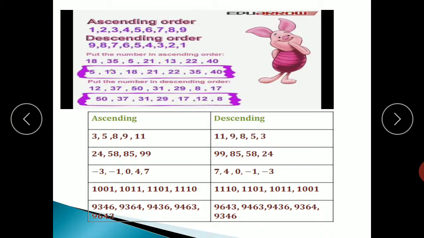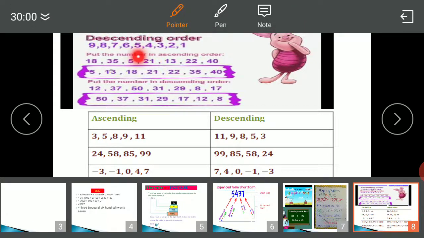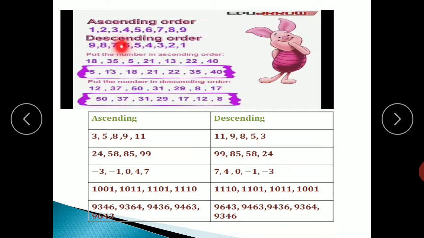This number sequence we call ascending order. Next, descending order, the inverse. So this 9 will come first: 9 8 7 6 5 4 3 2 1. This order we call descending order.